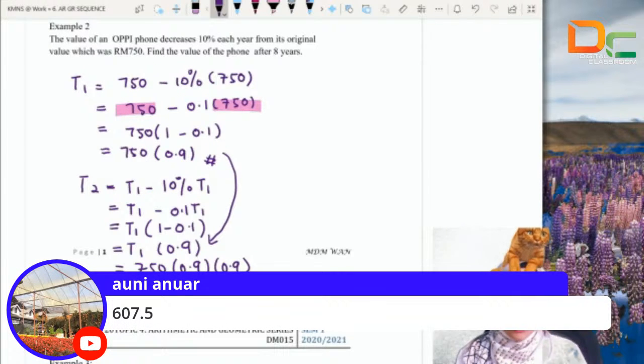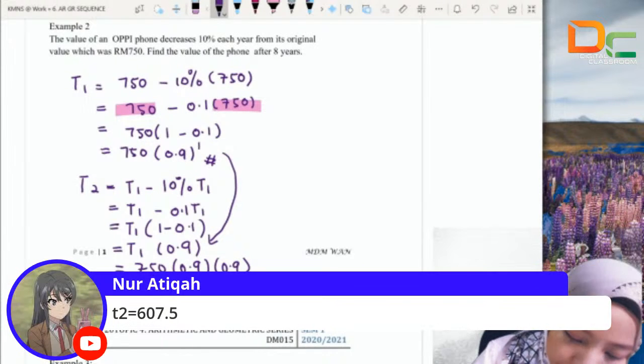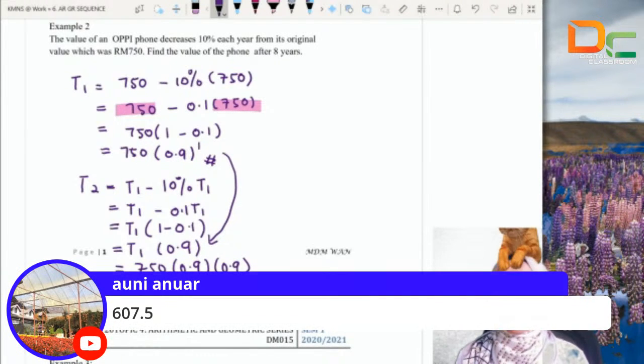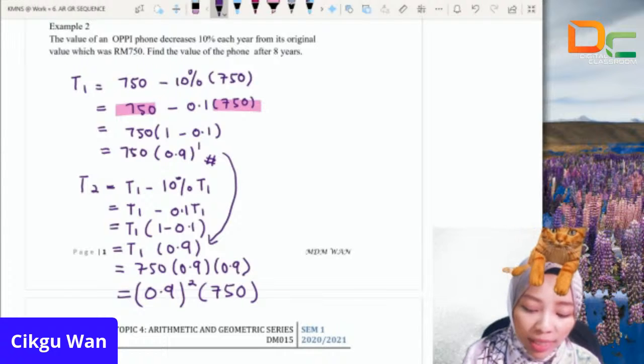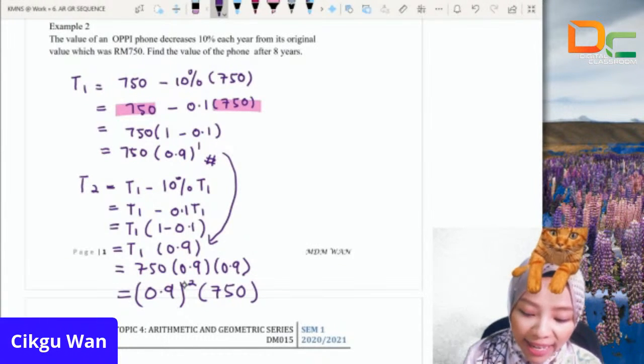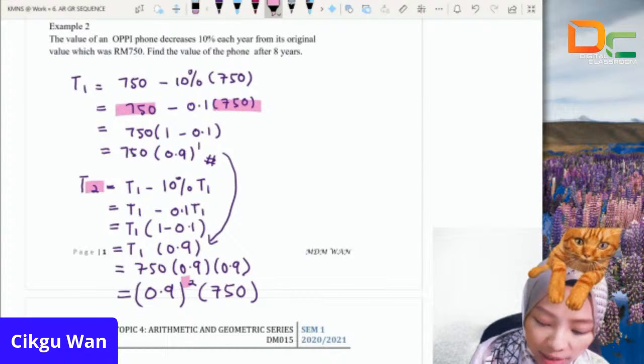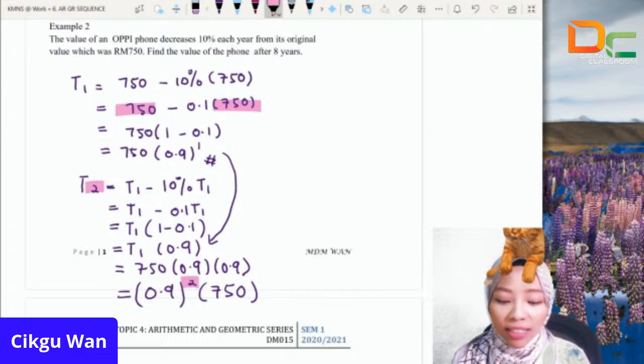Okay, so nampak tak? Tadi bila T1, 0.9 to the power of 1 daripada harga asal 750. Sekarang pada tahun kedua, dia adalah 0.9 to the power of 2. This is N. Masih lagi terhadap harga asal 750.